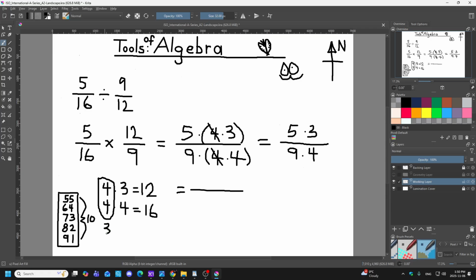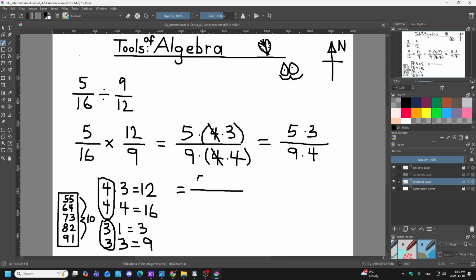So 3 times 3, my apologies, 3 times 1 is 3, then 3 times 3 equals 9. There's our common number again.